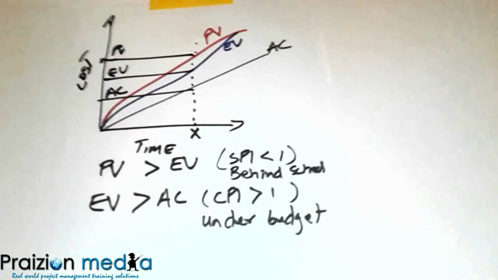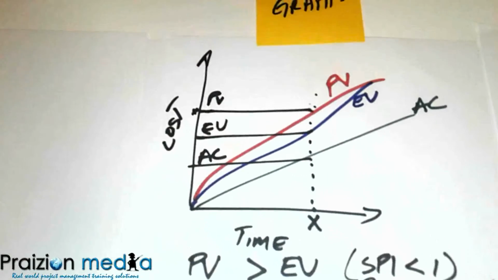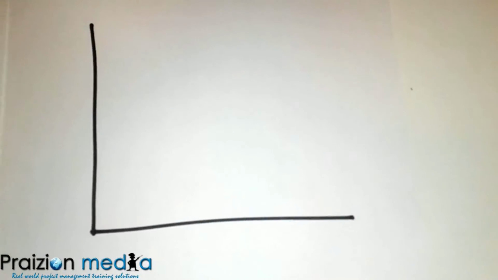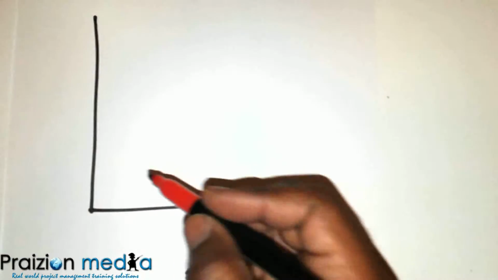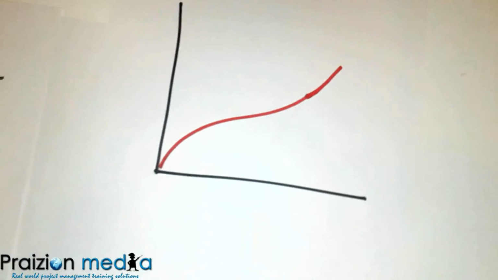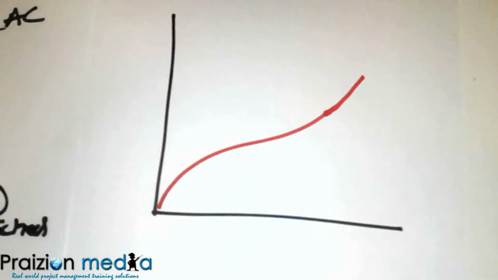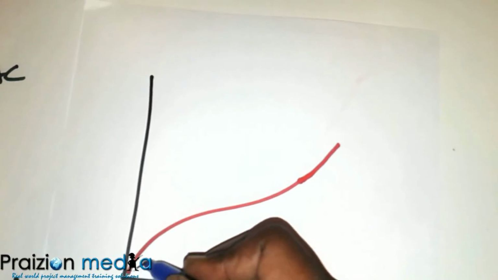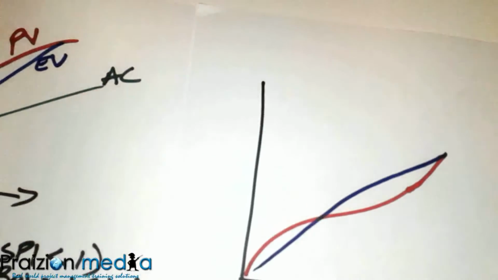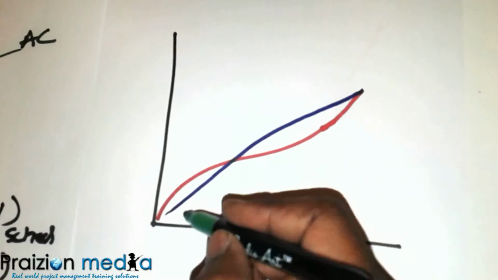Okay? Let's take a look at another scenario. Let's say we've got another of those images. Plan value, we're going to use red again. Earned value, let's use blue. And let's use green for the actual cost.